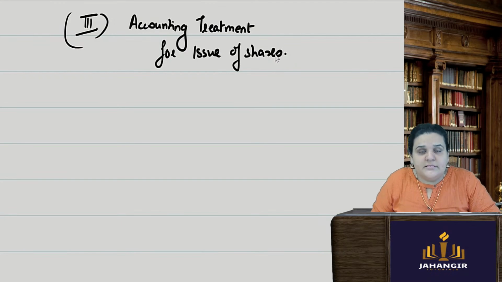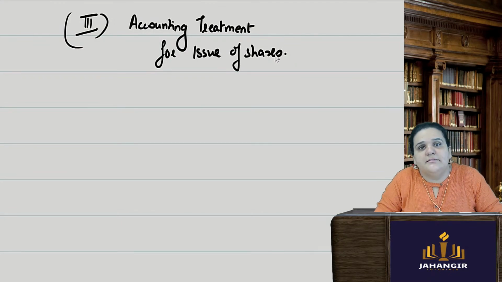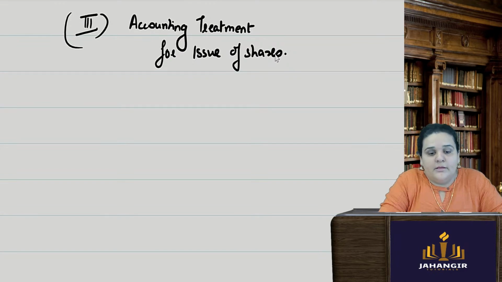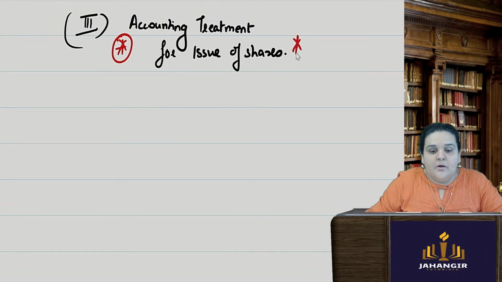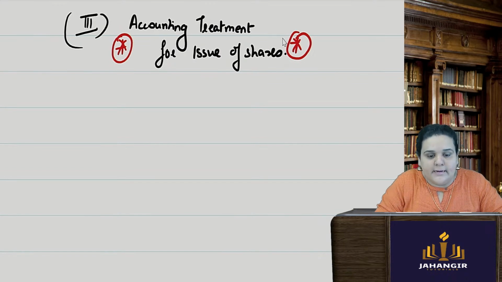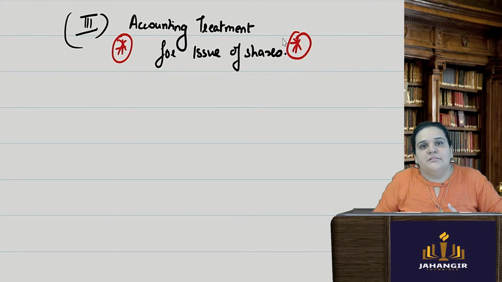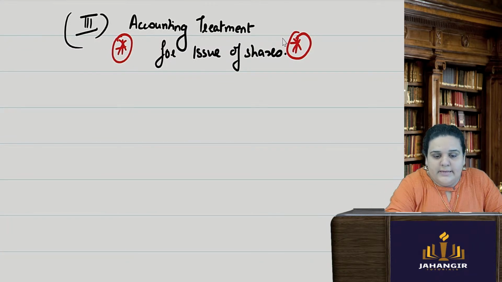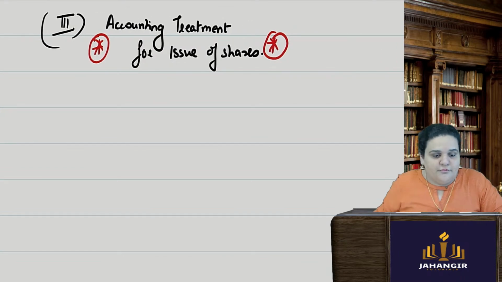Students get confused because they have not practiced the sums as a whole. So knowing the journal entries is also very important. I'm showing all the journal entries, what has to be debited and credited in the entire process from application till final call. So let's begin. This is the most important section of issue of shares.